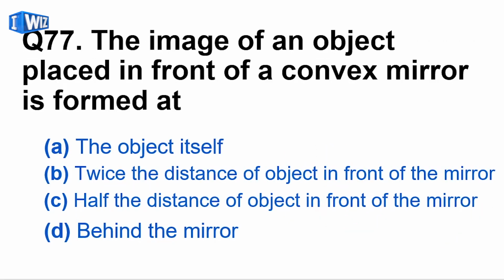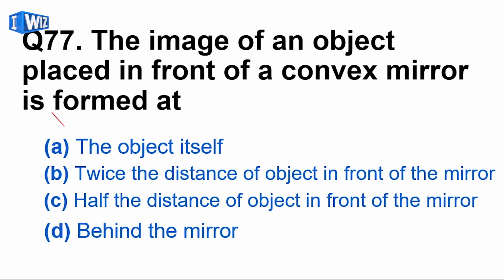Next, the image of an object placed in front of a convex mirror is formed where? The object itself, twice the distance of the object in front of the mirror, half the distance of the object in front of the mirror, or behind the mirror.